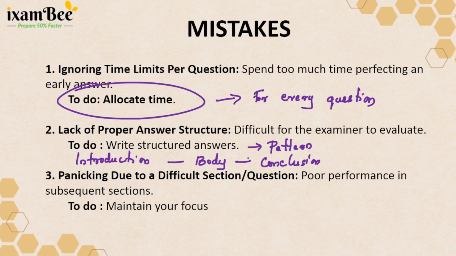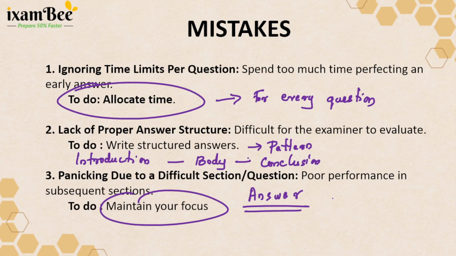This is mainly because you panic just due to a particular question or section, which affects your performance in the subsequent section. You can definitely avoid this by maintaining your focus. When you are answering one question, just give focus to that question. Forget about all the other questions that you have done or are going to do.